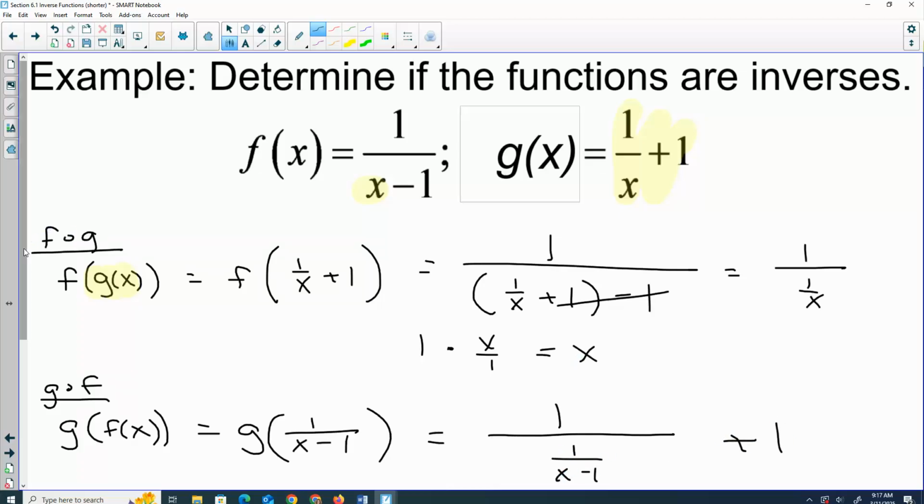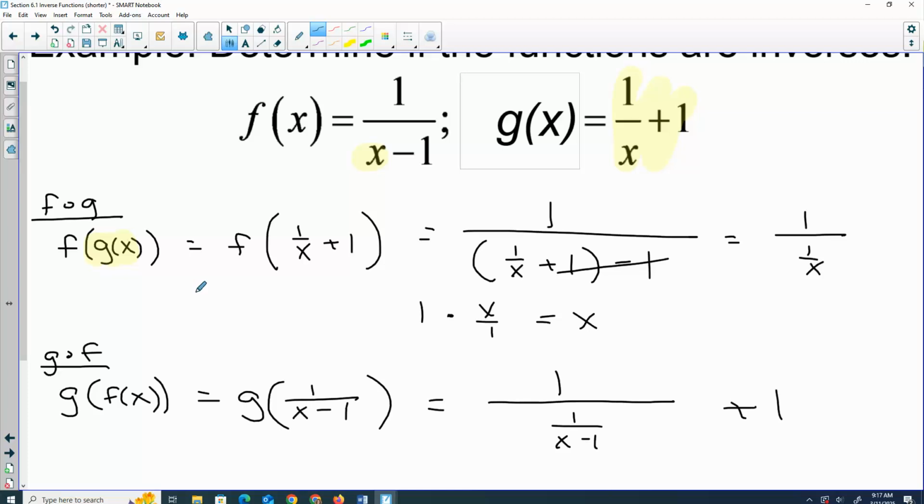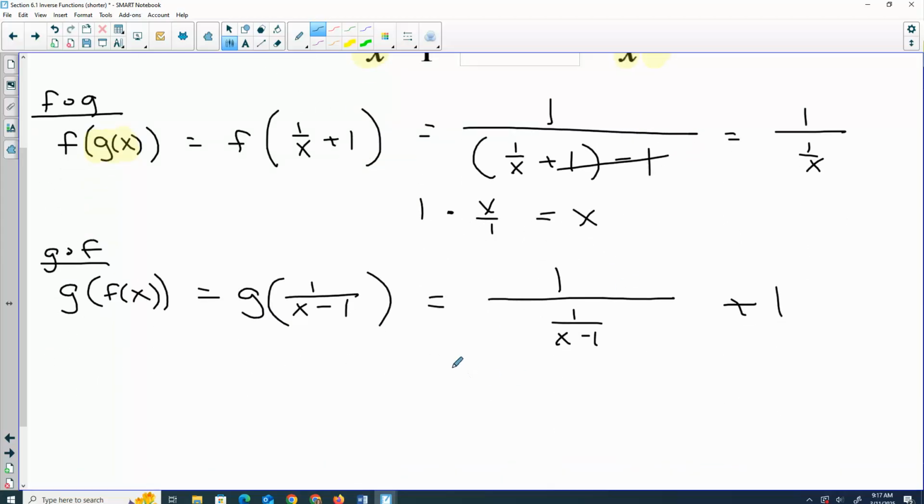And we still have the plus 1 on the end. So all I did was replace the x. Alright. And if I want to divide fractions, you flip and multiply. So that gives me x minus 1 plus 1, which is x.